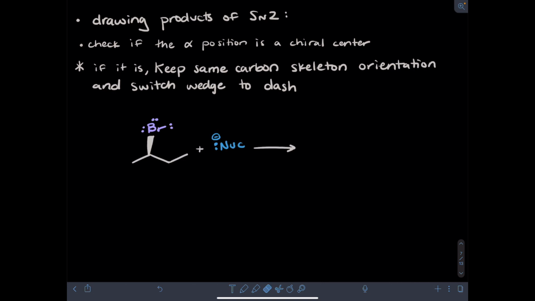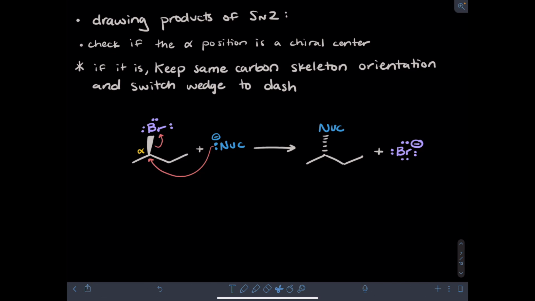Let's consider the following alkyl bromide and a general nucleophile. Identify your alpha position, and notice that in this case the alpha position is chiral. Imagine bringing in your nucleophile to the electrophilic alpha carbon and breaking your carbon-halogen bond.